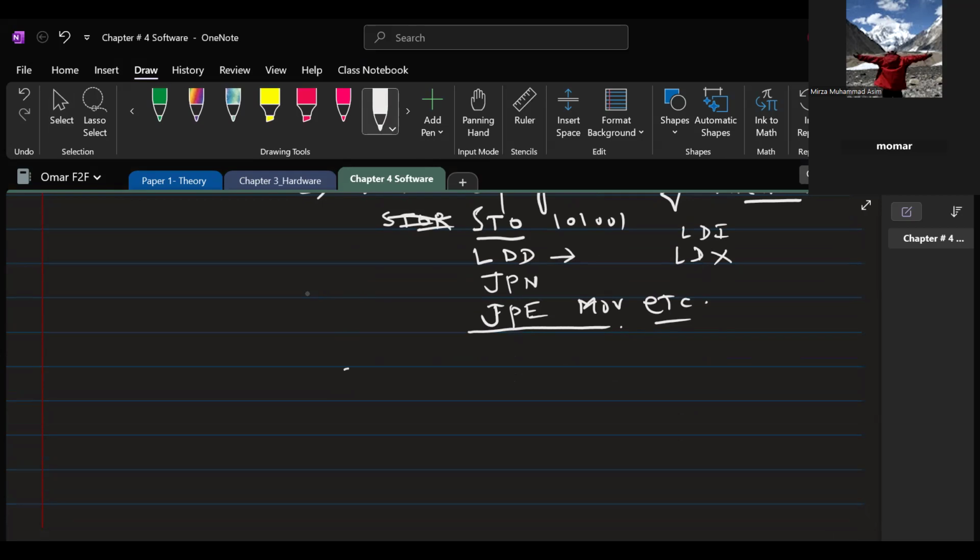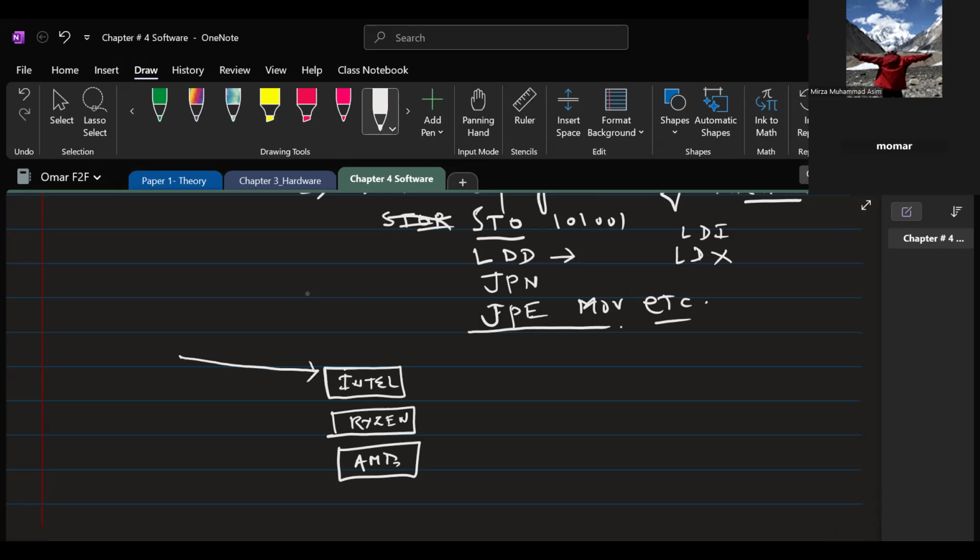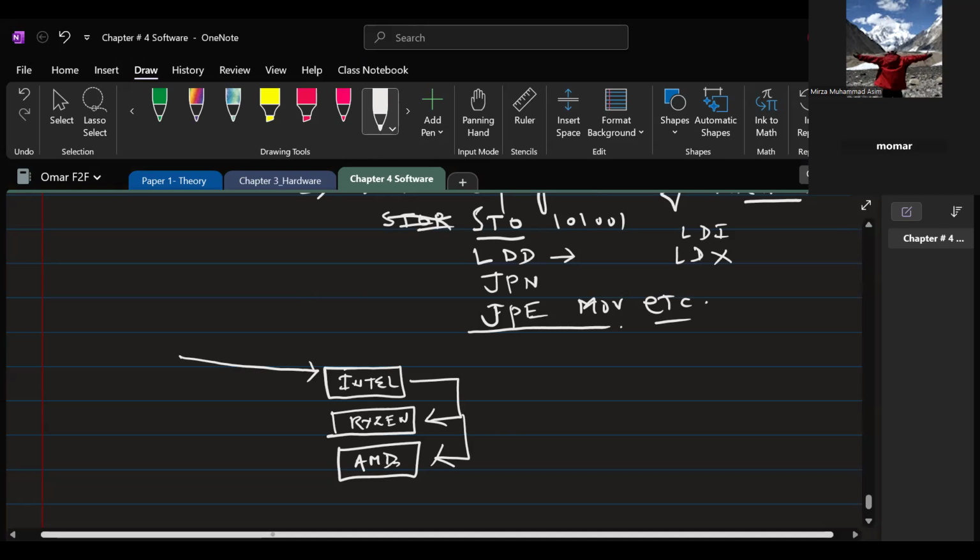For example, we have this Intel processor, then we have a Ryzen processor or AMD processor. Commands written for Intel won't work for the AMD processor, right? So that's why we say assembly languages were written for a specific processor.